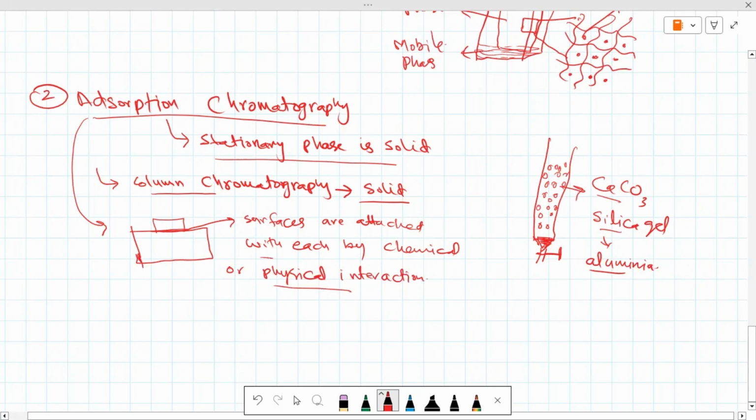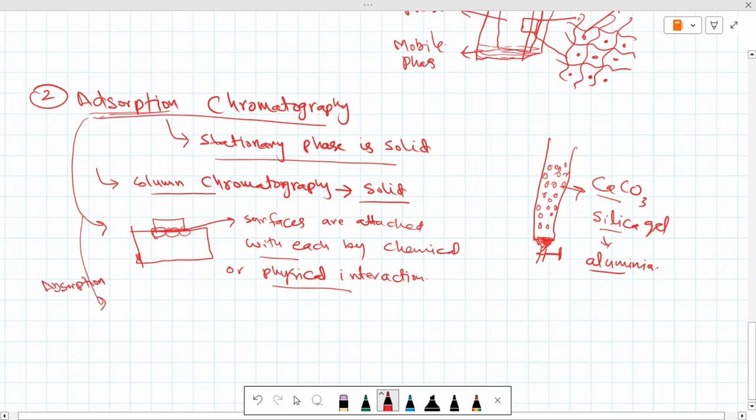When two surfaces of two molecules are attached with each other through chemical or physical interaction, that type of attachment is called adsorption. While the other term is absorption.